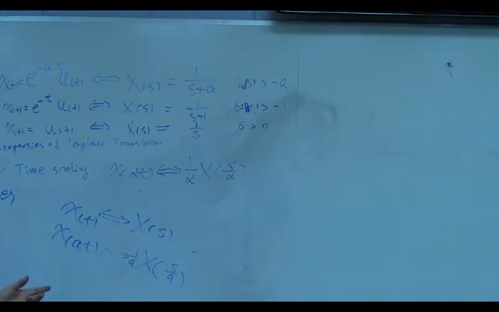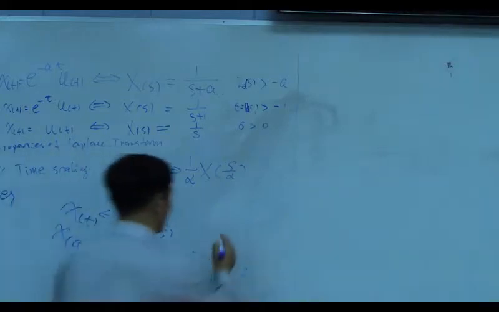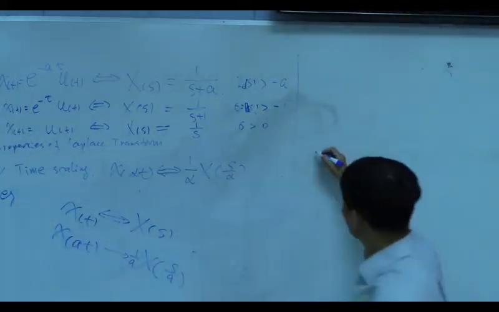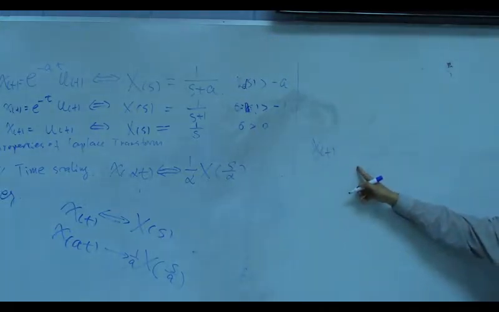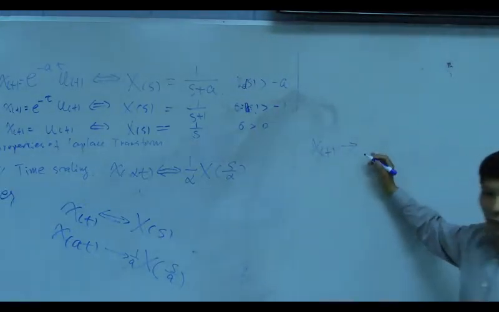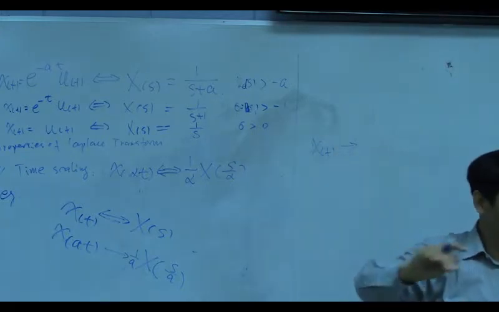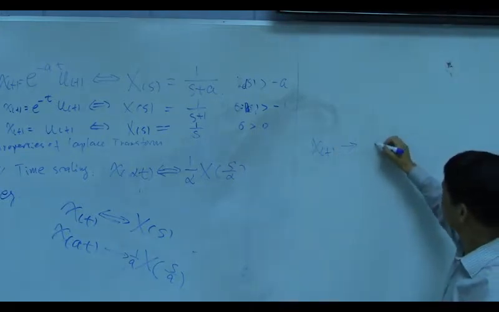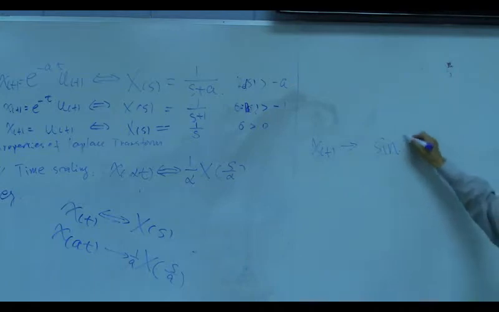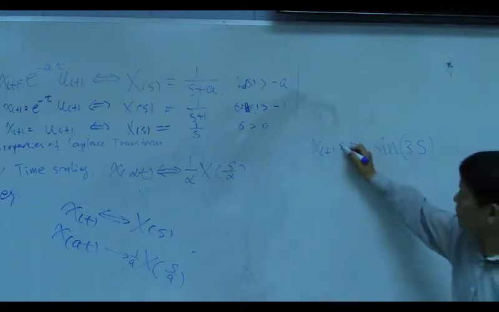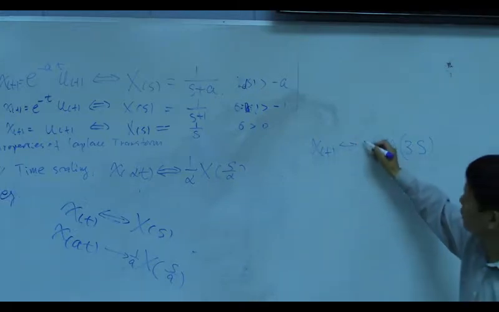Everybody get this? Okay, now let me give you a quiz. Suppose I have a function x(t), and the Laplace transform is, let me make up some number, equals sin(3s) over 3s, times 4.